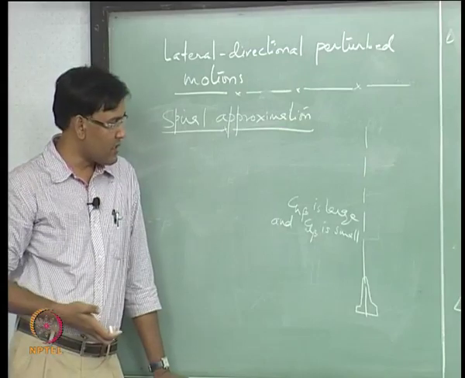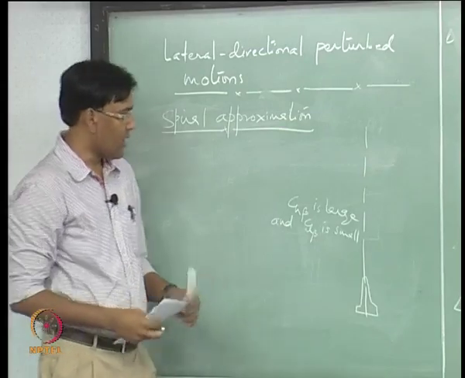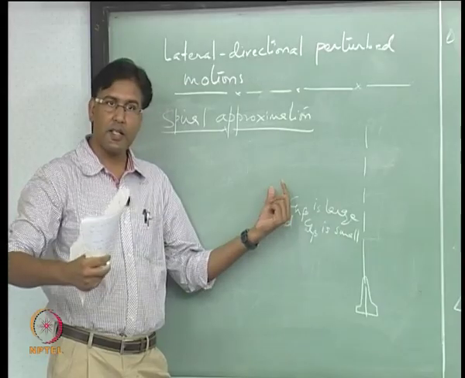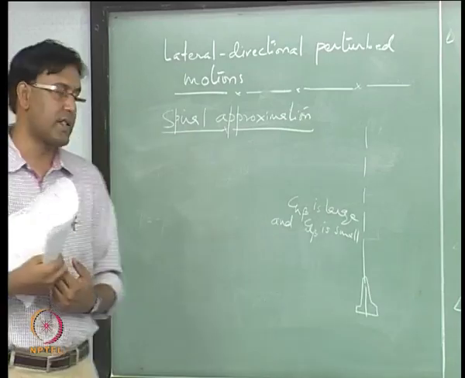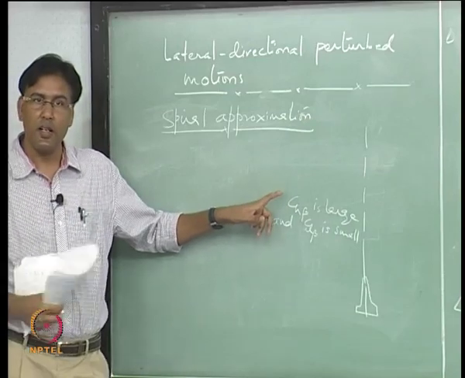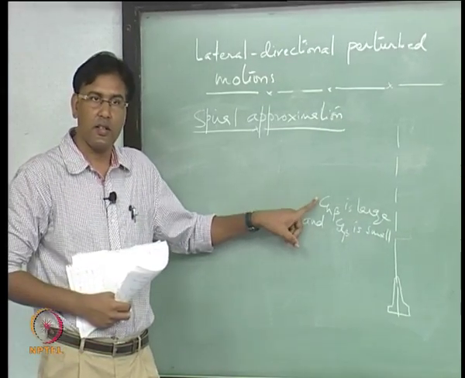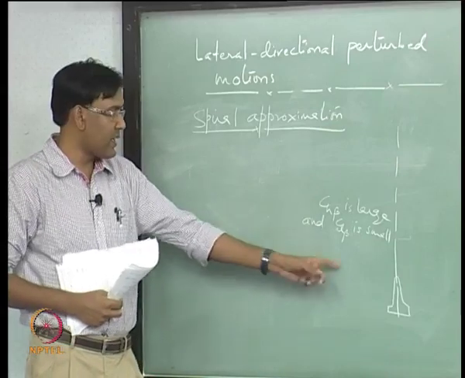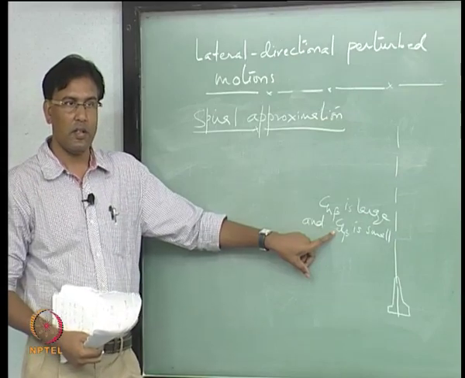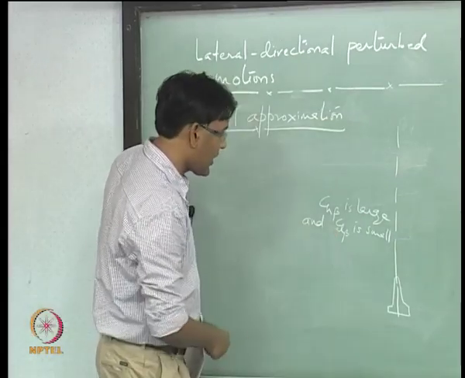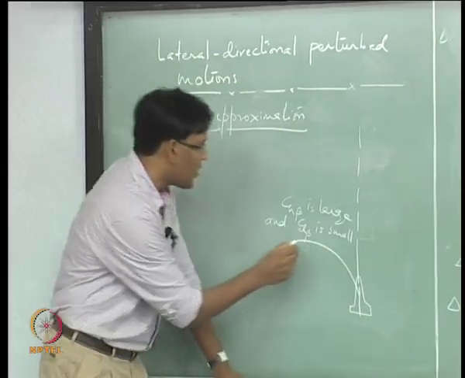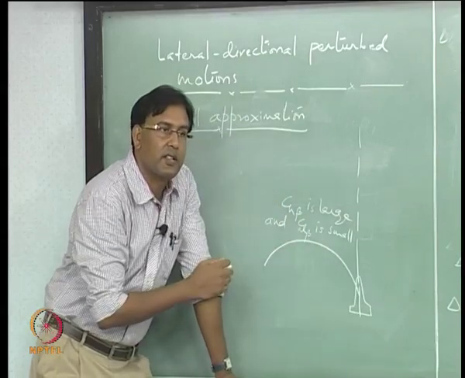So what you are getting is a motion in delta beta because of the side slip, perturbation in side slip, and that side slip is constantly being killed because of this large stiffness in yaw, right, but it is giving you a roll because this Cl beta is low, right. So, the aircraft is following a curved path which is something like this. The nose is always in the direction of the velocity vector.